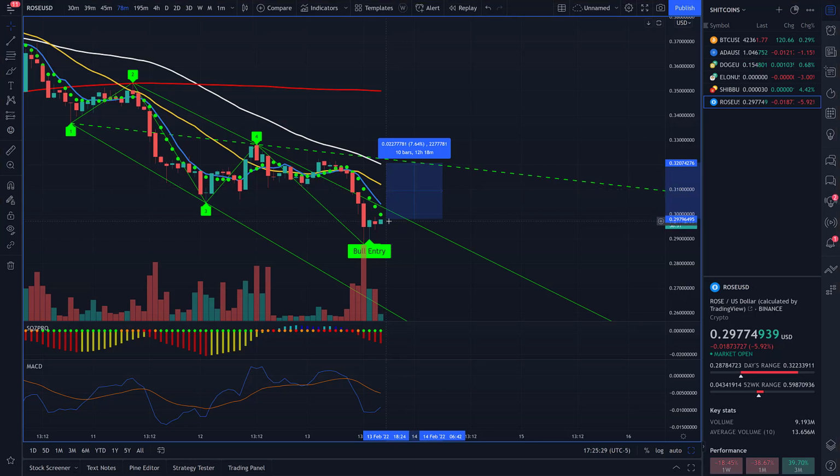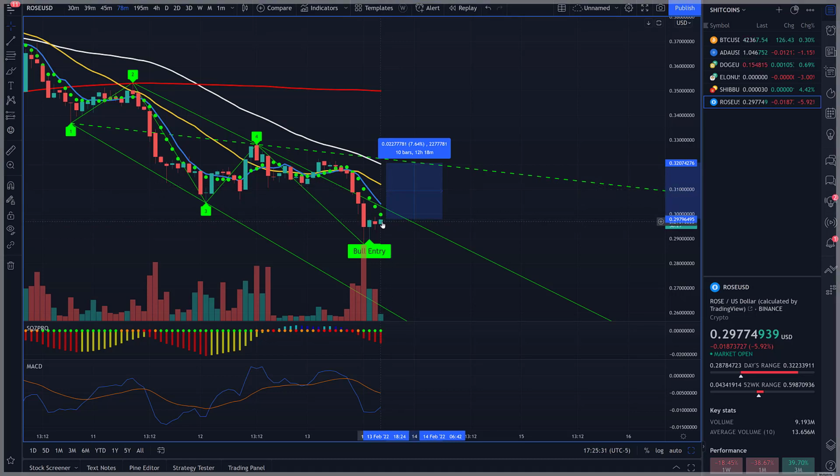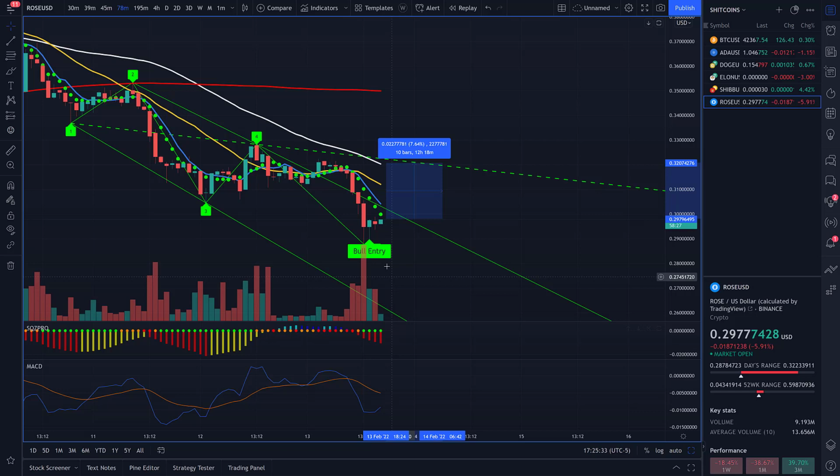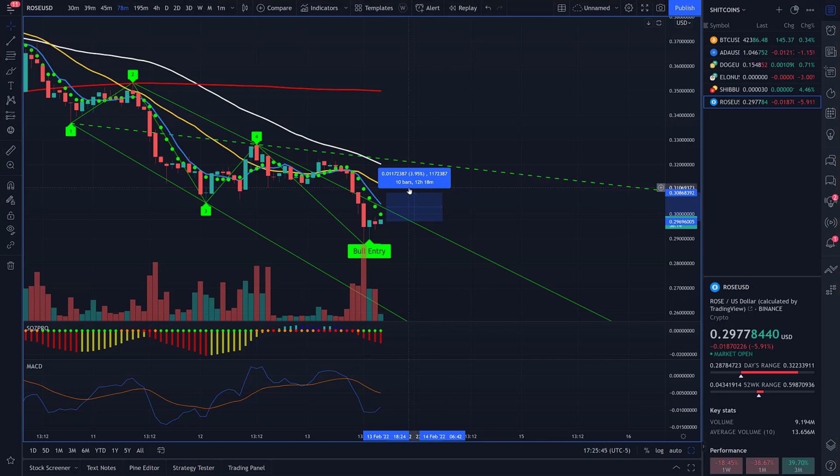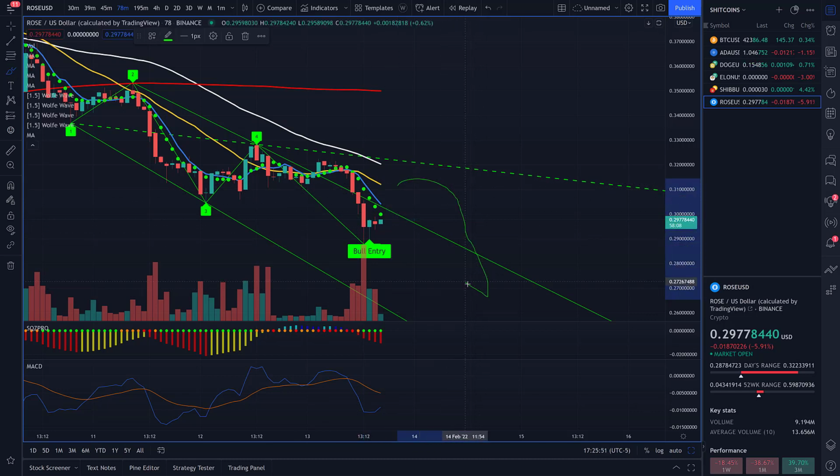So let's say you get in here at 29 cents on a red dot, and it moves up to the 21-day moving average at 31 cents. Then you've effectively made about 4%. So you want to close off some positions here to manage risk, because you don't know if it's going to continue moving higher or roll over and drop even further.